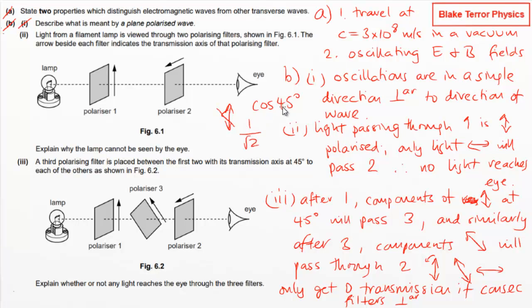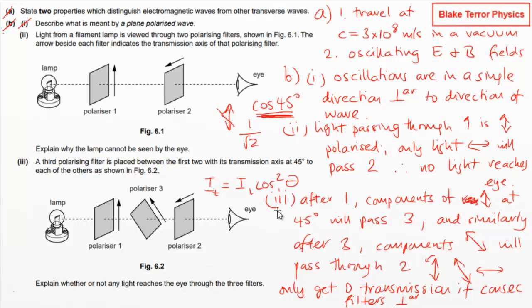But the intensity is related to the square of the amplitude, so our intensity is going to halve. Our amplitude is dropping by 1 over root 2. That's how you get Malus's law: the transmitted intensity is the incident intensity times the square of the cosine of the angle, because the cosine changes the amplitude, and we have to square that to get the change in the intensity.